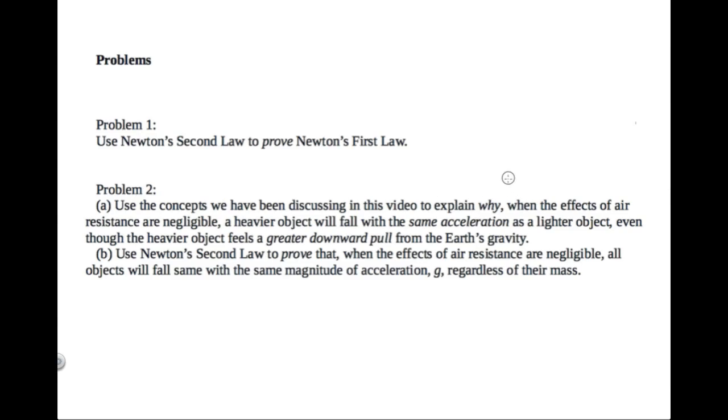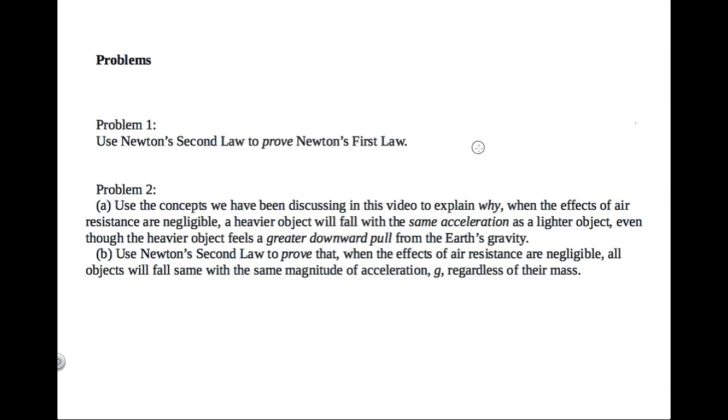It used to be thought that heavier objects fall faster than lighter objects. And that seems like a natural assumption because a heavier object does feel a stronger downward pull from the Earth's gravity. So it seems natural to expect that a heavier object would fall faster.